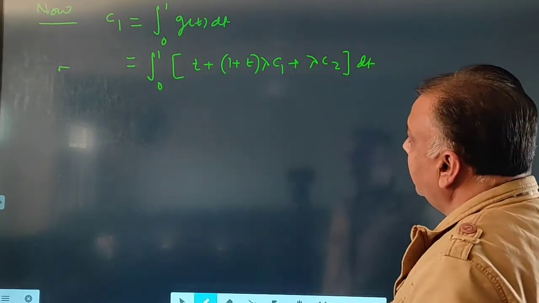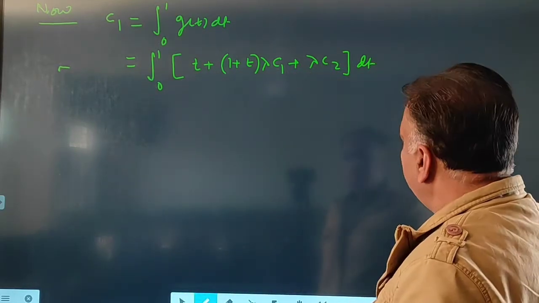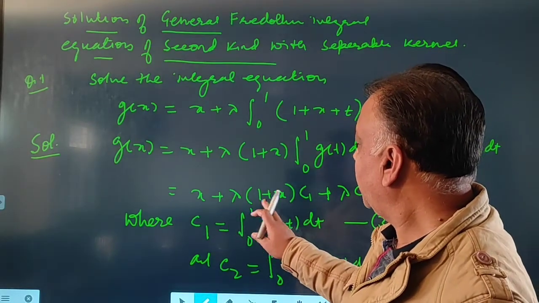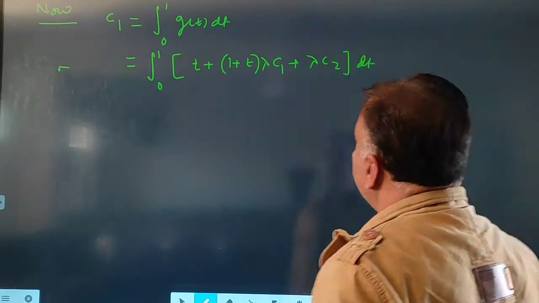The value of g(t) is t + (1 + t) lambda c1 + lambda c2.